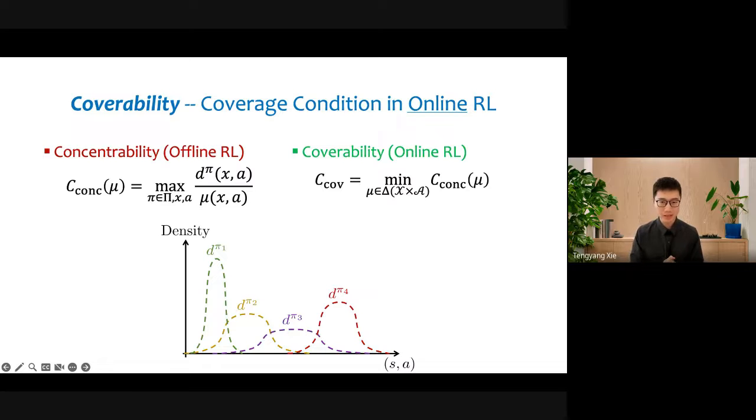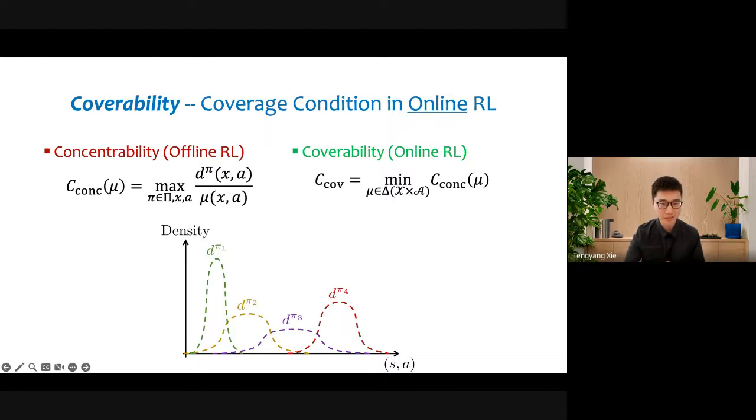Motivated by that, we can define the coverage condition in online RL. If we have full flexibility in choosing the data distribution, what is the best possible concentrability, or density ratio?